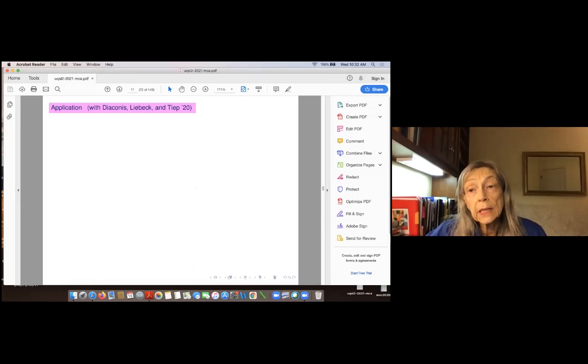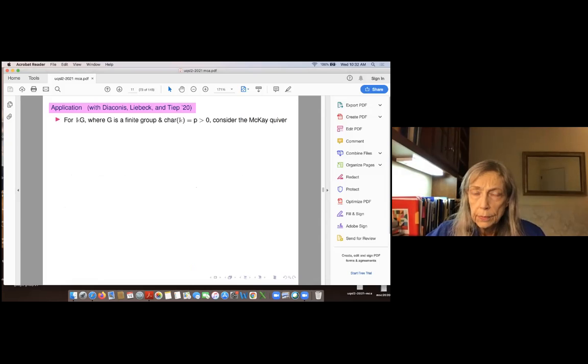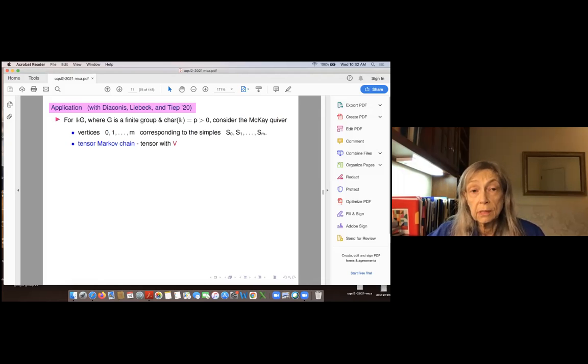So here's an application. If you take a finite group over a field of characteristic p, and you consider the McKay quiver, you have the vertices corresponding to the simples. You have the tensor Markov chain. So I'm tensoring with V. I'm going to assign a stationary distribution to the nodes. What is that? That's just the probability you put on each node to begin with. Where did that come from?